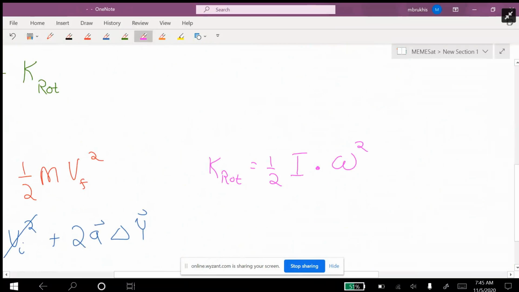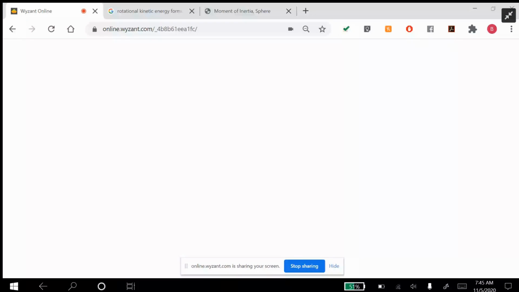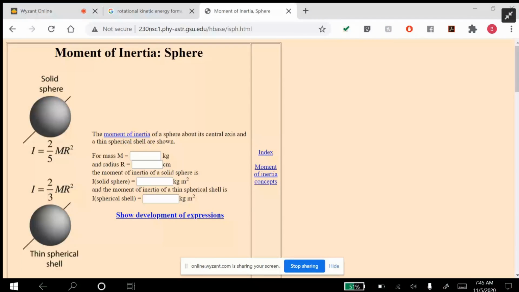Well, that is a number that differs based off of the shape of the object we are talking about. A quick Google search, which I will show you here, for the moment of inertia of a sphere gives us the formula of 2/5 mr squared for a solid sphere rotating about its center, which is what we're dealing with.